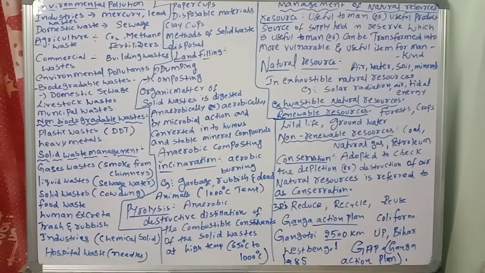Reduce, recycle, reuse. If you do this, we can use our resources in a systematic and judicious manner. We can conserve our resources for the next generations, and we can control environmental pollution also. So children, think about all this. We have to protect. It is a social responsibility.